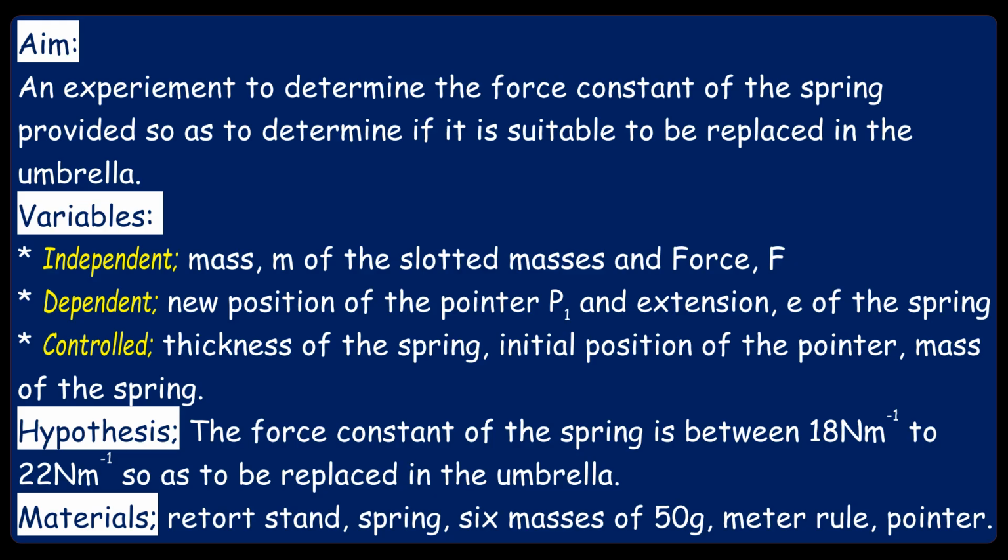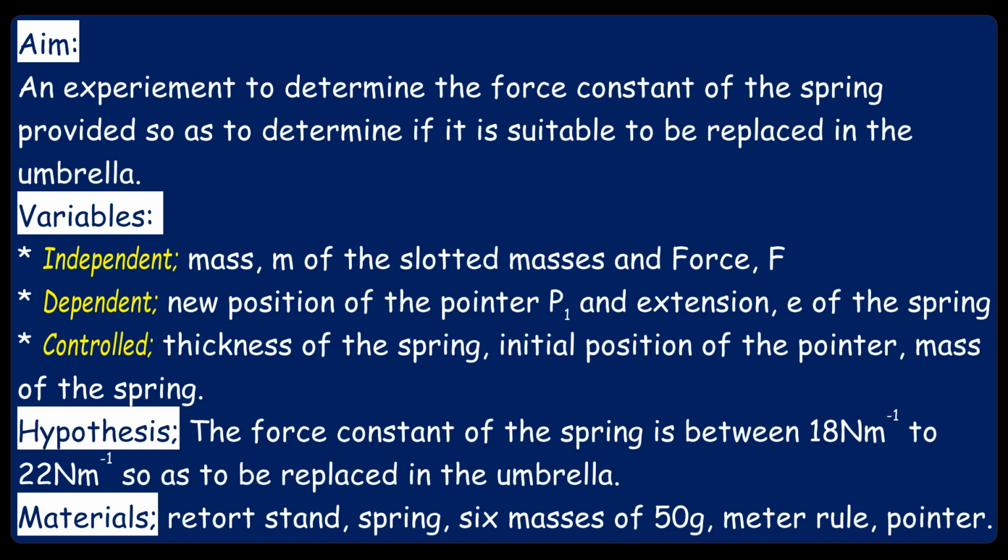Lastly, controlled variables, you have got thickness of the spring, that one will not change. We've got initial position of the pointer, that is our P naught, and then the mass of the spring, and many more others, but you can put only one is enough. There's no need to put all of them, but I've just put them for study purposes.